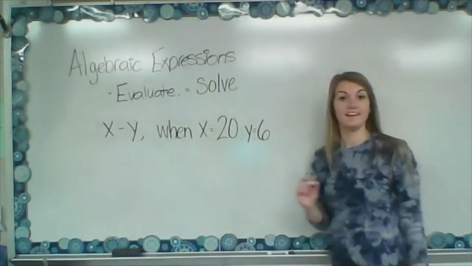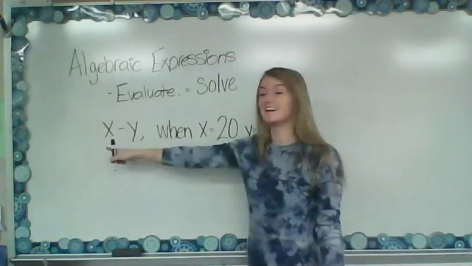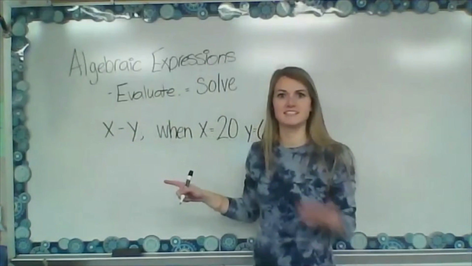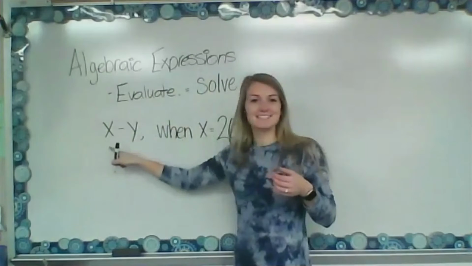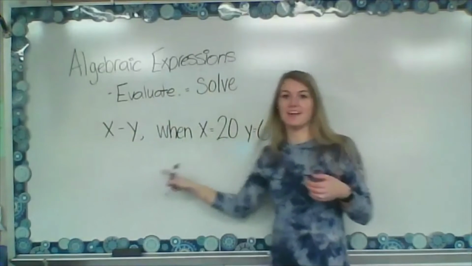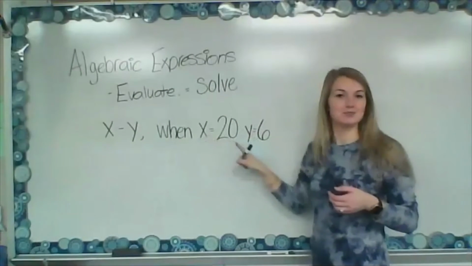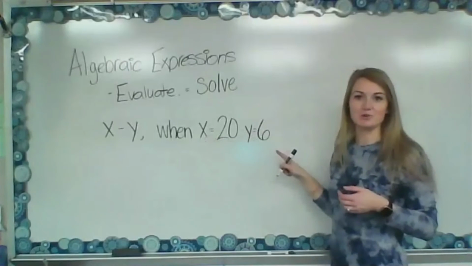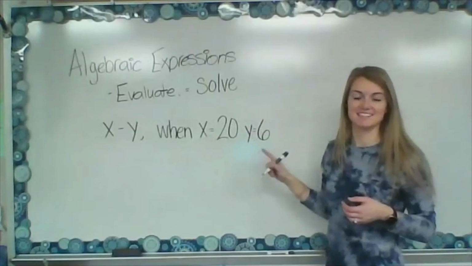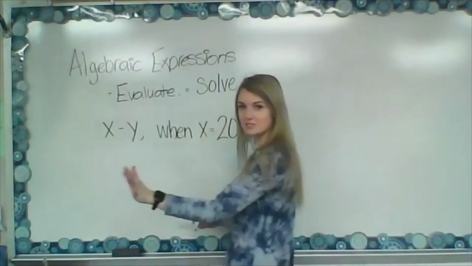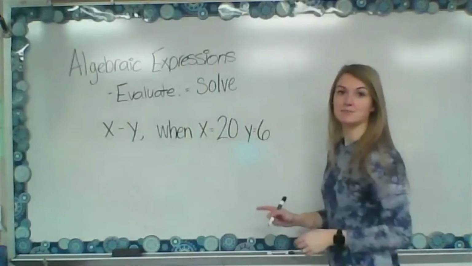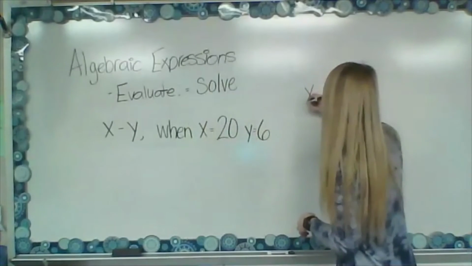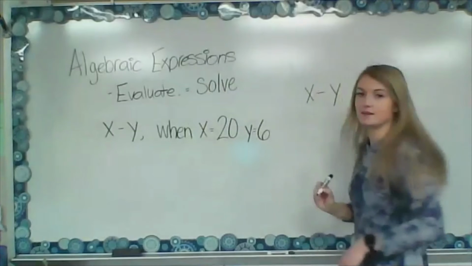Okay, let's try another one. Keep at it, okay? We have x minus y when, oh, there it is. X equals 20 and y equals 6. Okay, but back to my original expression, I have x minus y. Write it down.